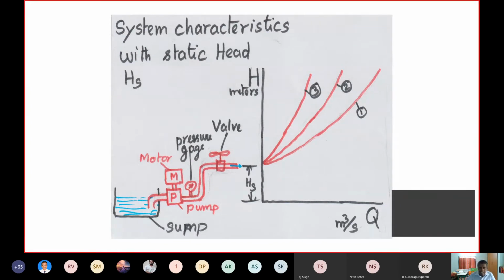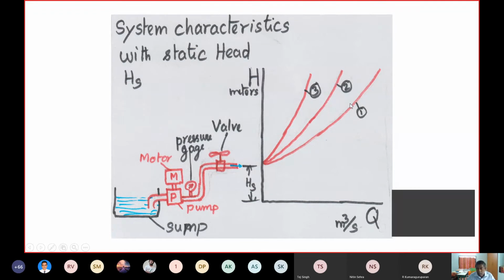You find that the system characteristic starts with some static head, Hs. You can see that the water level is there in the sump. The final flow level is always at a height Hs. So the pump has to do minimum work to produce the head Hs. That is some sort of a minimum starting speed at which you produce a head Hs.